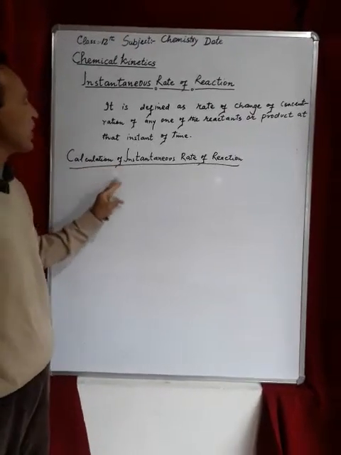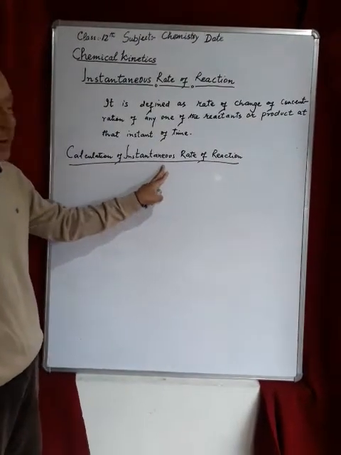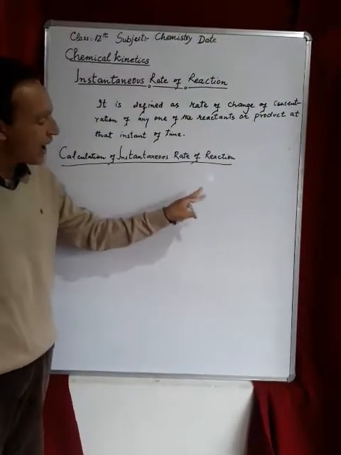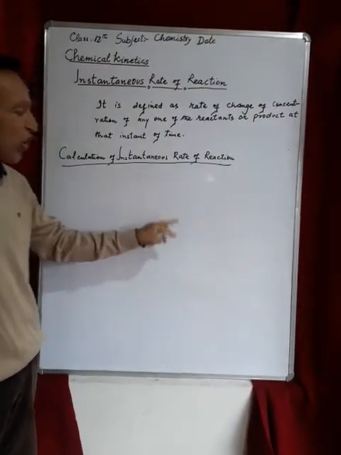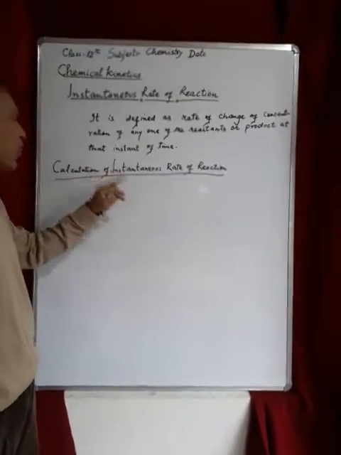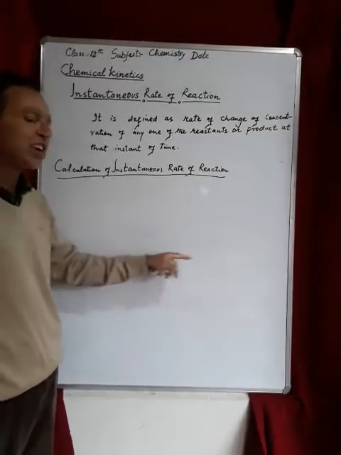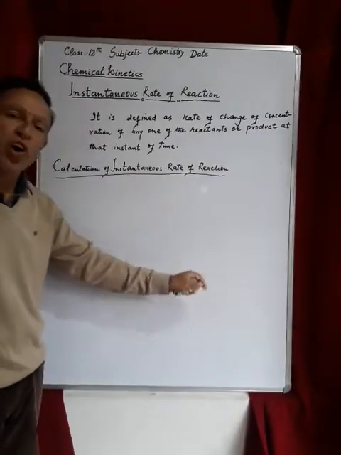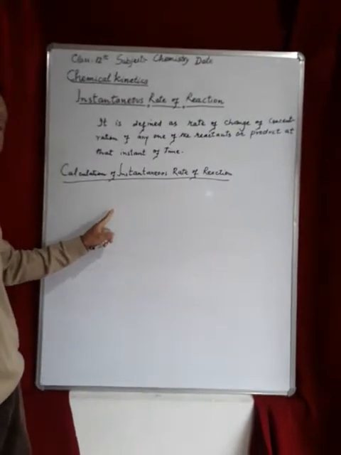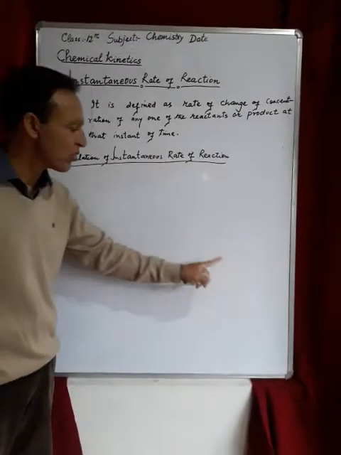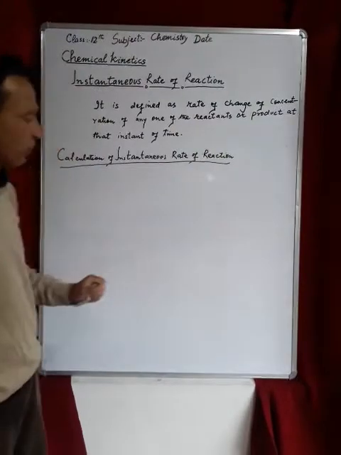In order to calculate the instantaneous rate of reaction, a tangent is drawn to the graph which is obtained by plotting the concentration of the reactant versus the time, or the concentration of the product versus the time.